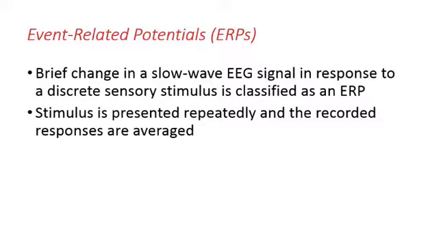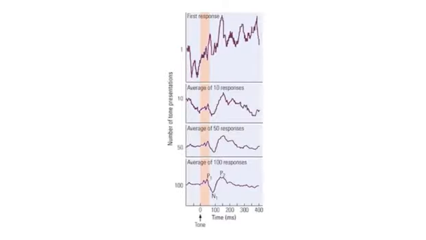That oddball occurs only occasionally, but your brain would respond to that with a characteristic pattern. Basically the first response to that might look something like that. The average of 10 tones might look something like that. And if we average 100 tones, now we start to see a wave that has very characteristic components.